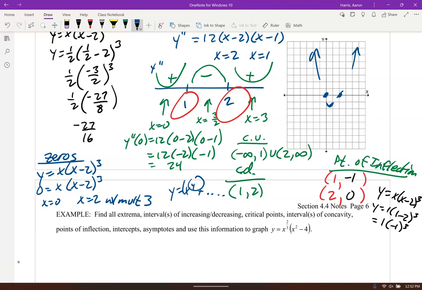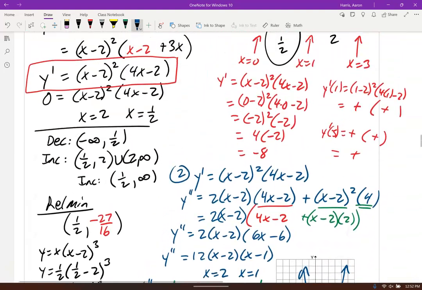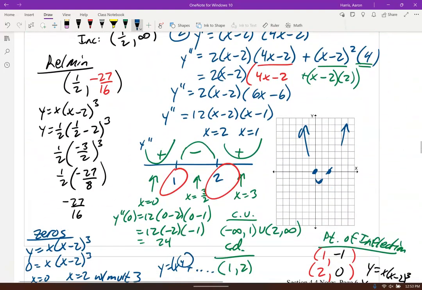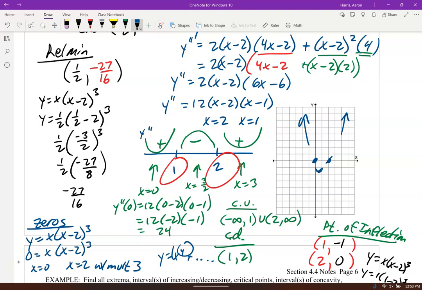Now let's incorporate our calculus stuff. I'm concave up until 1, but I'm decreasing. I was decreasing till a half.